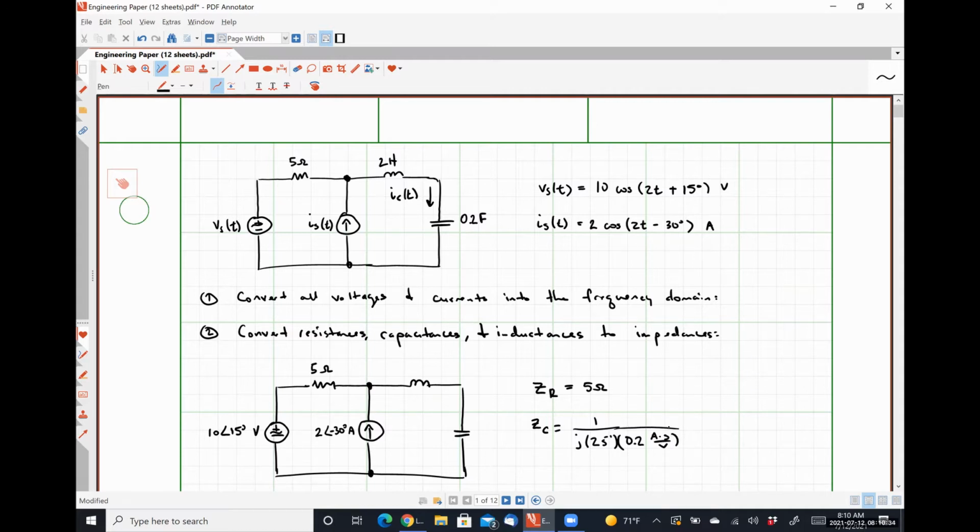And so we have per seconds multiplied by seconds. So this is going to look like 1 over j times 0.4 amps per volt, which, if my math is correct, will look like negative j 2.5 ohms.